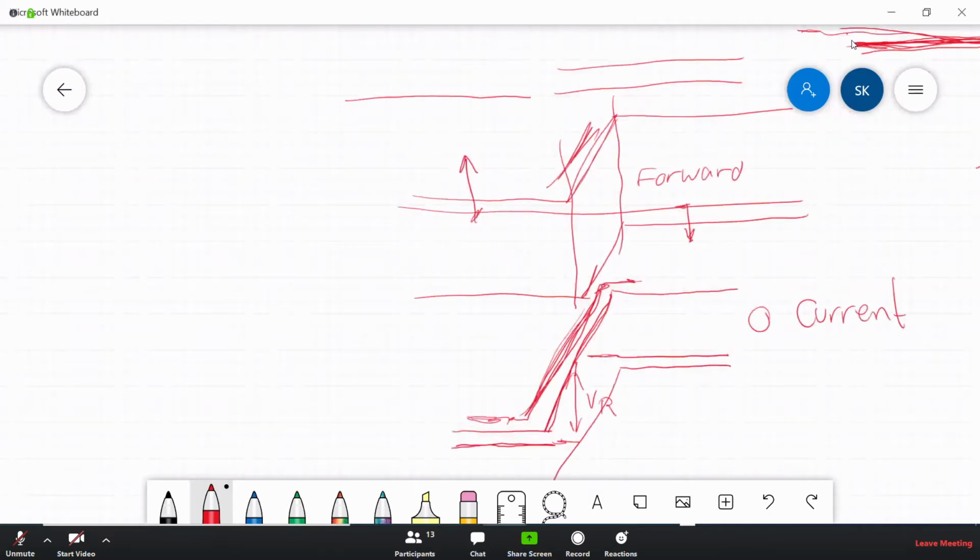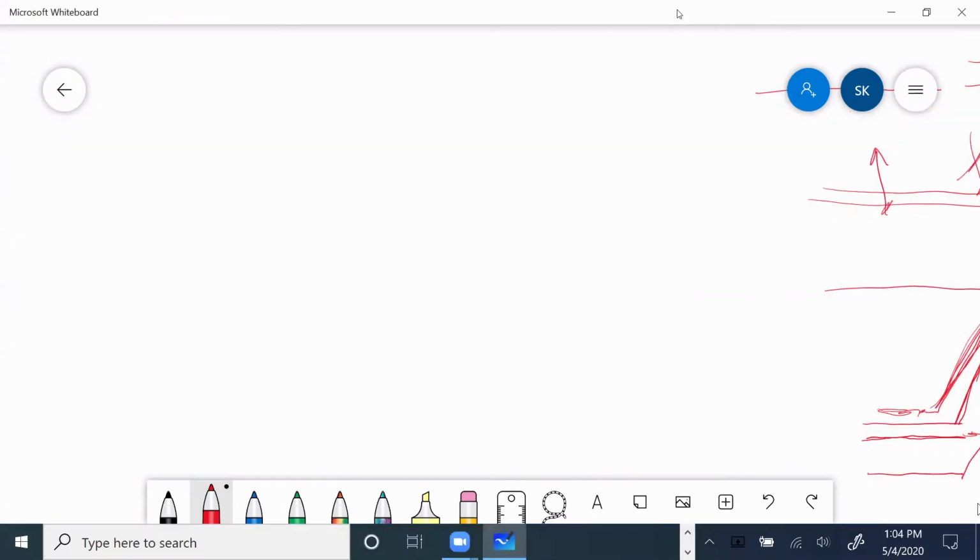All right. So basically, once we created the PN junction, we plotted the IV characteristic for a diode, and we showed that this is how diode behaves when we bias it.